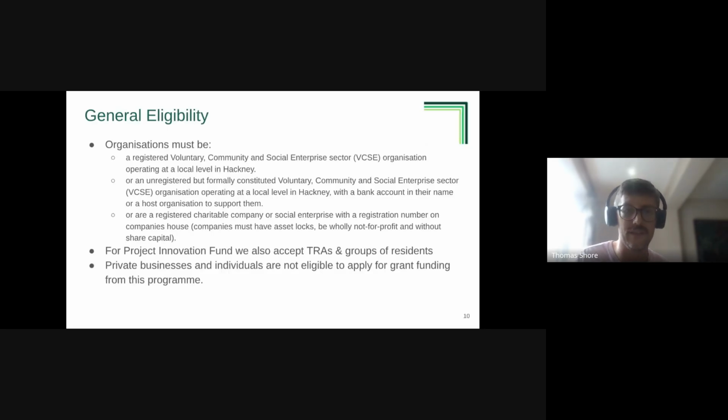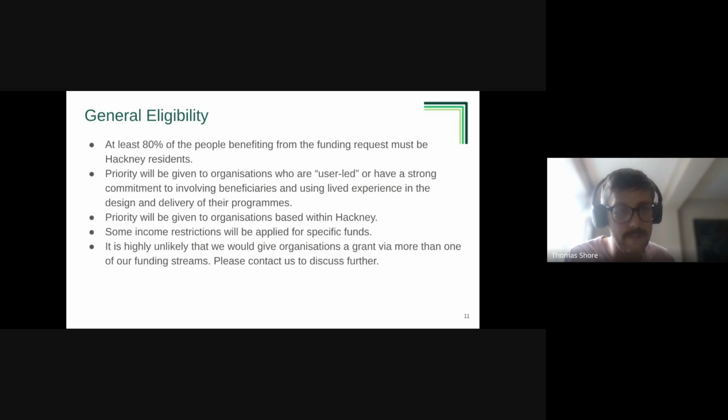If you are interested, do have a look through all of the eligibility for all of the applications. This is a general overview, but if you're unsure whether you can apply or not, or want to clarify, do get in contact with us, because we'd rather speak to you about that than just assume that you can't apply. Generally, at least 80% of the people benefiting from the funding must be Hackney residents.